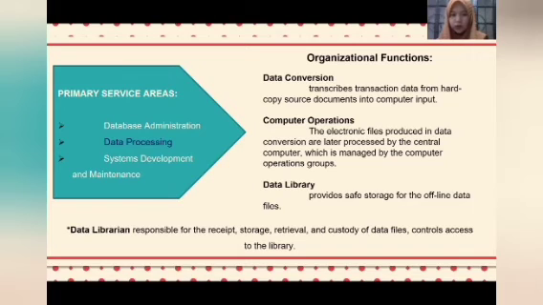For example, the data conversion could involve keystroking sales orders into a sales order application in modern systems. For computer operations, the electronic files produced in data conversion are later processed by the central computer, which is managed by the computer operations groups.